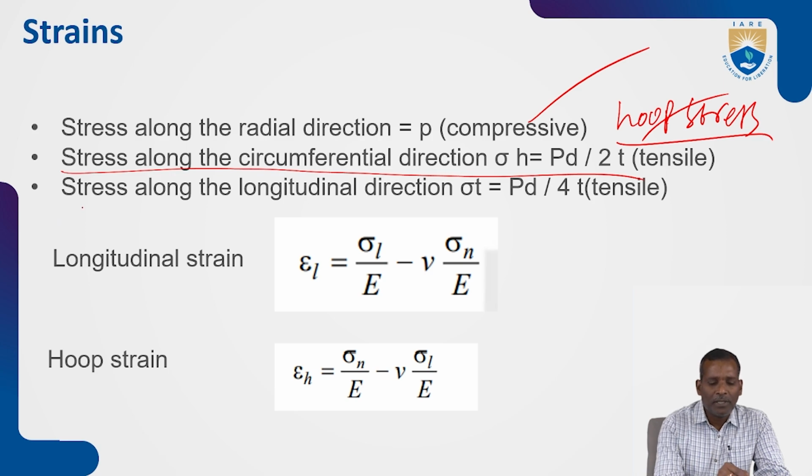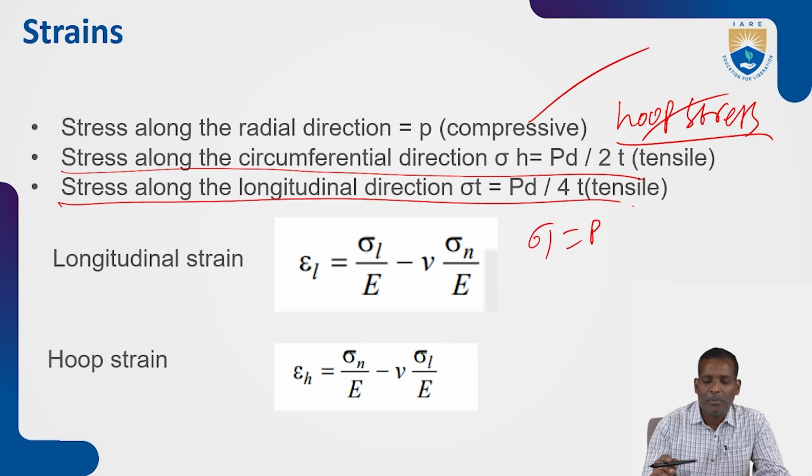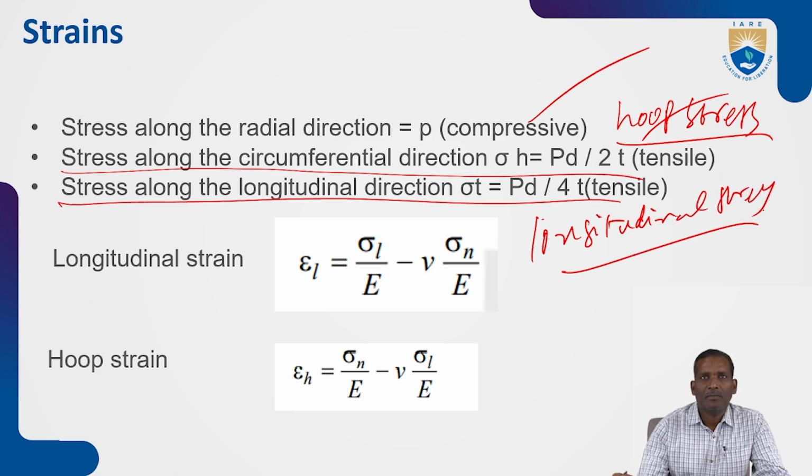Stress along the longitudinal direction, sigma L, Pd by 4t. Longitudinal stress Pd by 4t and hoop stress Pd by 2t. Both are tensile in nature.